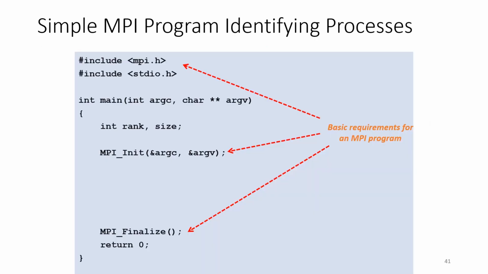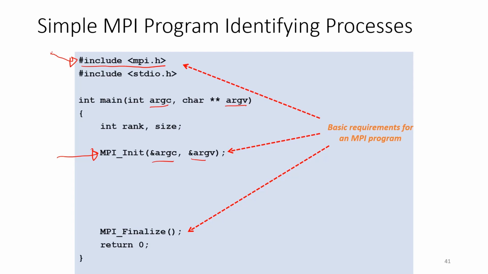So let's see how we identify processes inside an MPI program. To write your most basic MPI program, you need at least to include the mpi.h library. You need to call MPI_Init, and you pass to it the argc and argv parameters that you received from the command line.